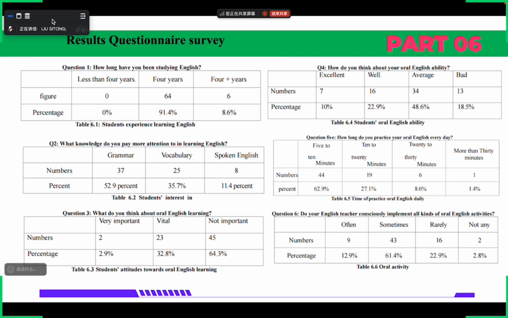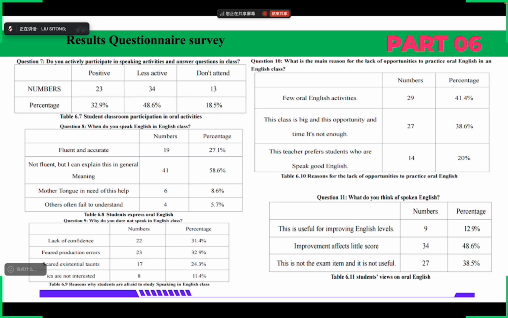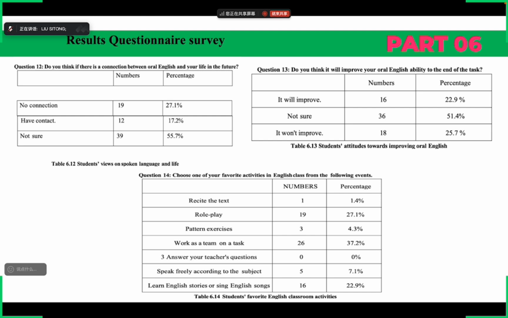Okay, next slide. And changes in oral proficiency, pre-test and post-test. Maybe we can come to the next slide. Yes. Okay, experimental class, that's the TBLT class. Oral test scores improved from 2.93 to 3.33.